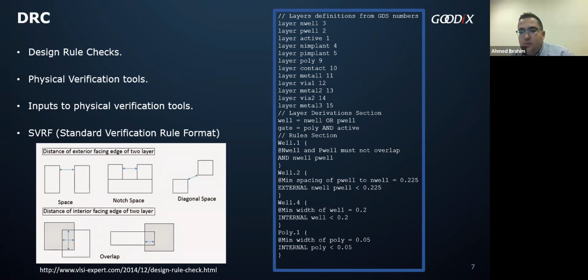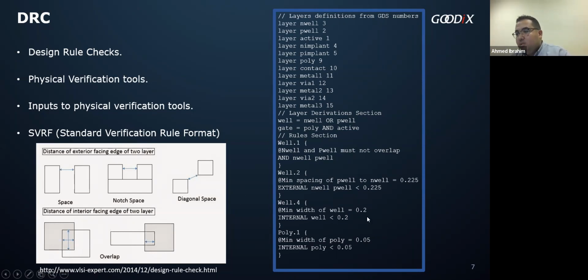These tools are responsible for running software that can automatically scan the layout and find different configurations that violate the rules. So the input for a physical verification tool is simple: just your GDS and a set of rules. Of course, the rules will be provided in the BDK by the foundry.